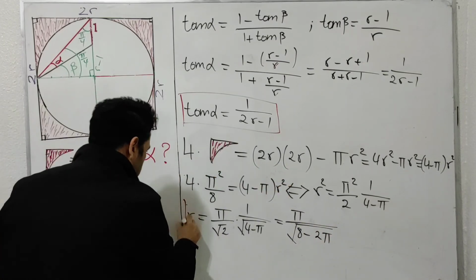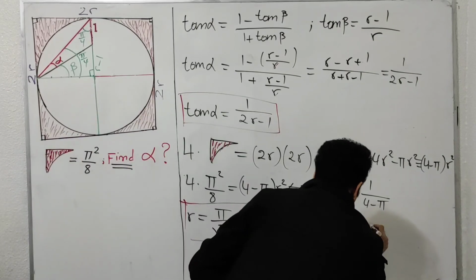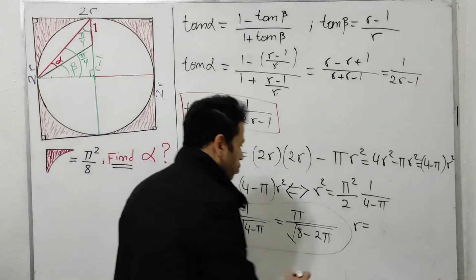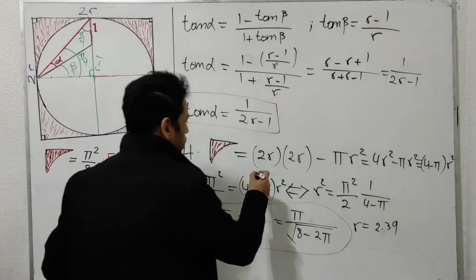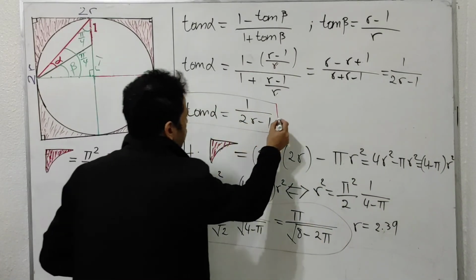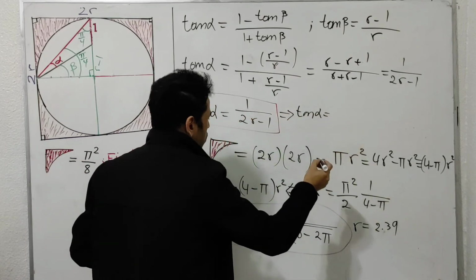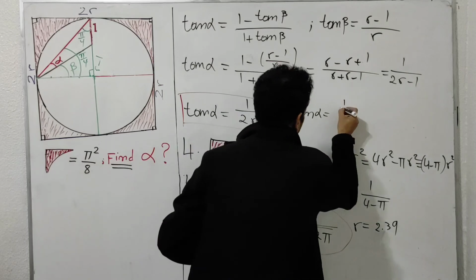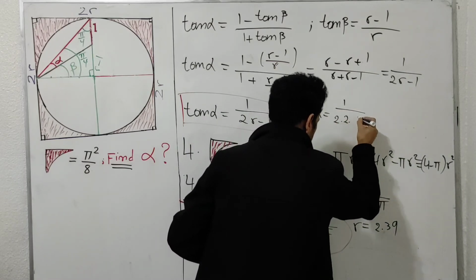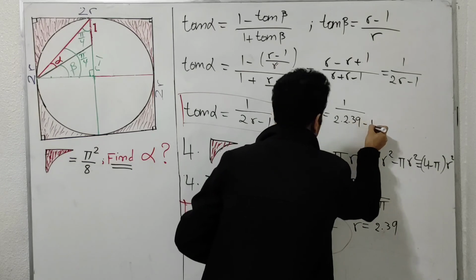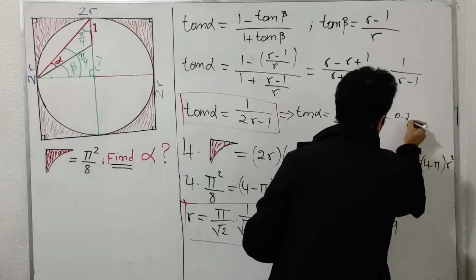r is giving me 2.39. I'm going to replace r with its value. I will get tangent of alpha equals 1 over 2 multiplied by 2.39 minus 1, which is 1.26.